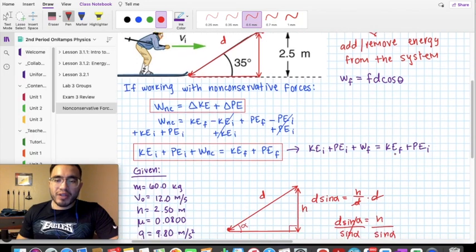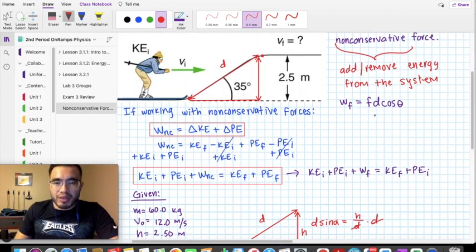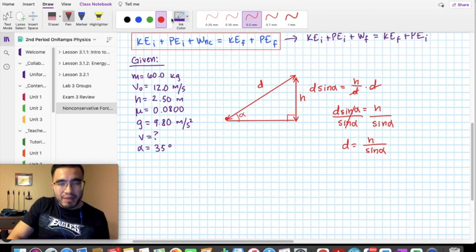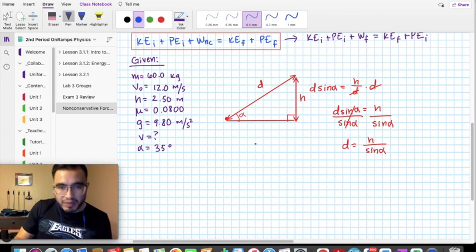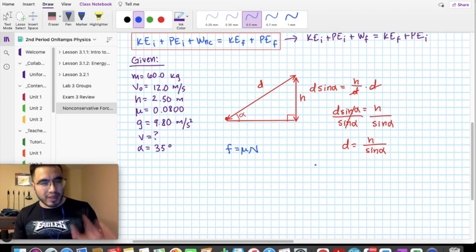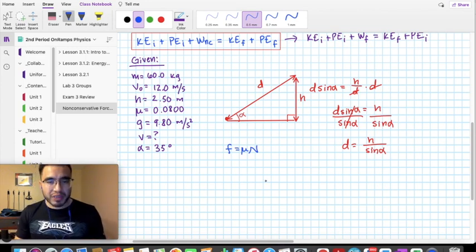How do we find the work done by friction? Well, we need the force of friction, right? That's part of the equation. So the force of friction, we have an equation, and that one said friction is equal to the coefficient of static friction times the normal force. Okay, so do you guys see the trend? Force of friction, normal force.